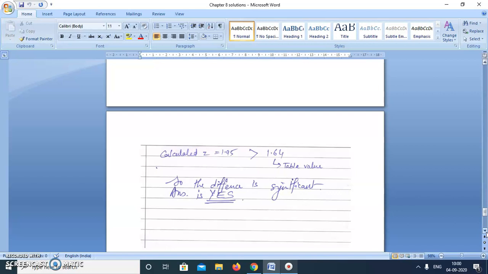Here also this is a single tail question because we are interested in knowing only the lower side. So we'll take the table value at alpha equal to 0.05, the Z table value, that is the normal distribution table value, which is 1.64. The answer is yes, because 1.95 is higher than 1.64 and the difference is significant.